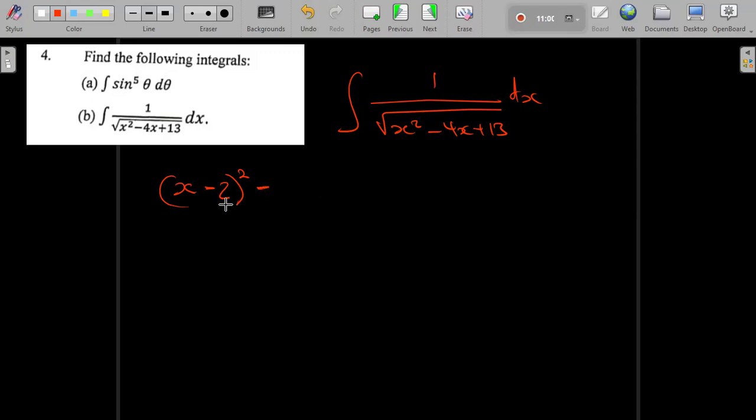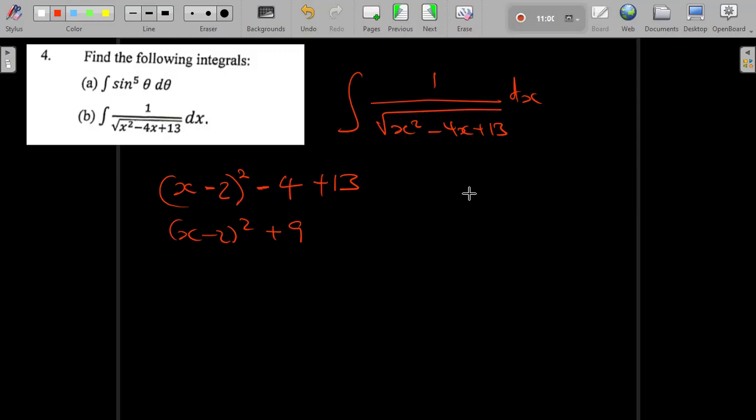If I square the 2, I'm going to have 4. So 4, then plus the 13. This is what I get, 4 plus 13. Then I have x minus 2 squared, then this here gives me positive 9.